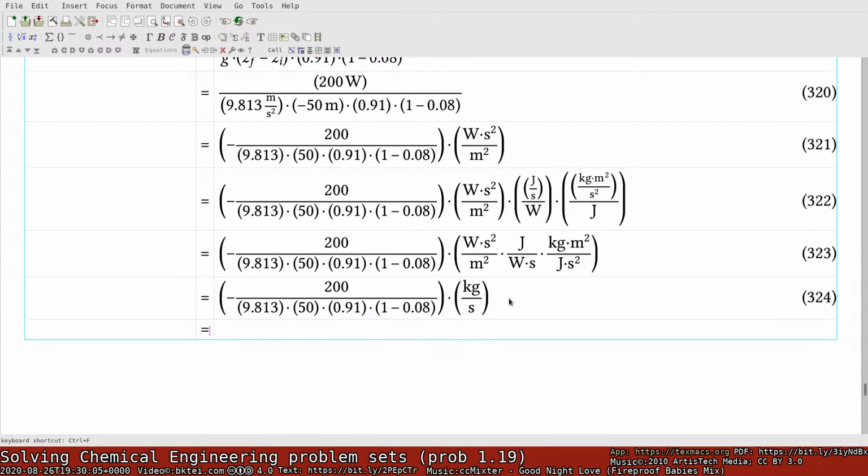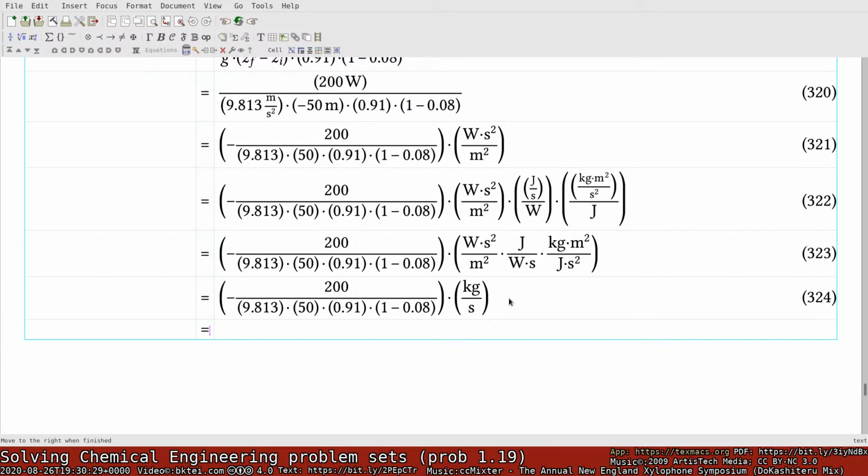All right, handy dandy calculator. We have negative 200 divided by the quantity 9.813 times 50 times 0.91 times the quantity 1 minus 0.08.